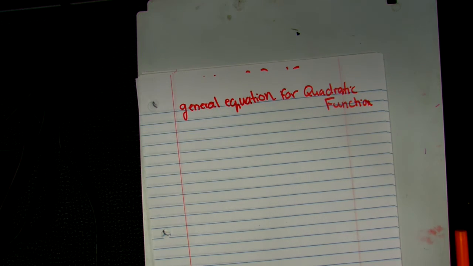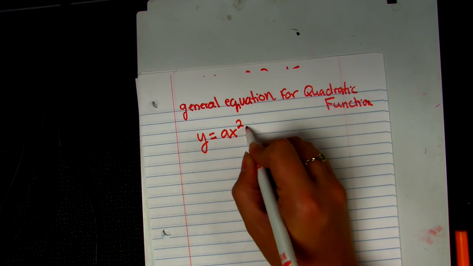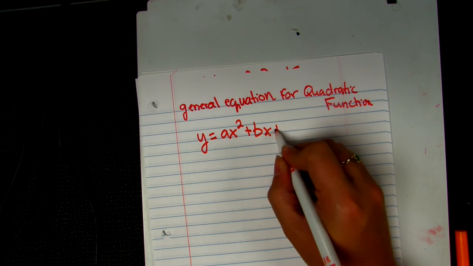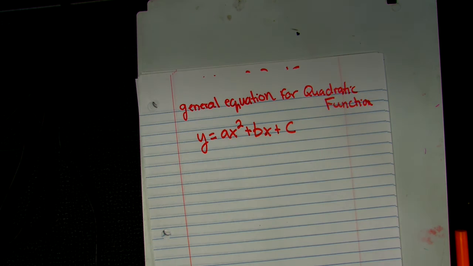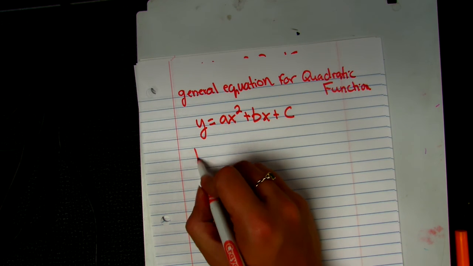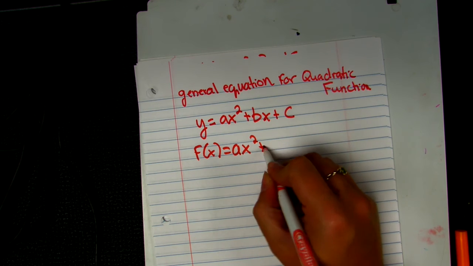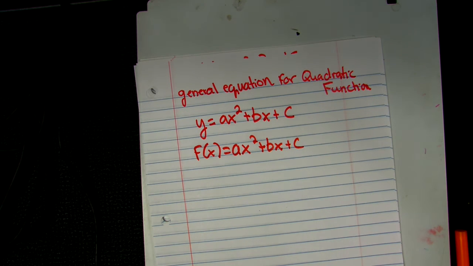Instead of being equal to 0, it's going to be equal to y. So y equals ax squared plus bx plus c. And if we want to put that in function notation, we just replace y with f of x. So now we have f of x equals ax squared plus bx plus c. And so this is a general equation for a quadratic function.